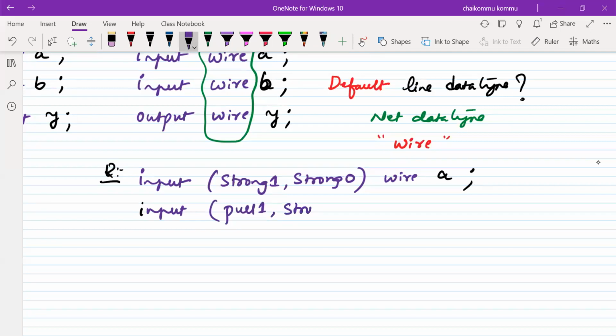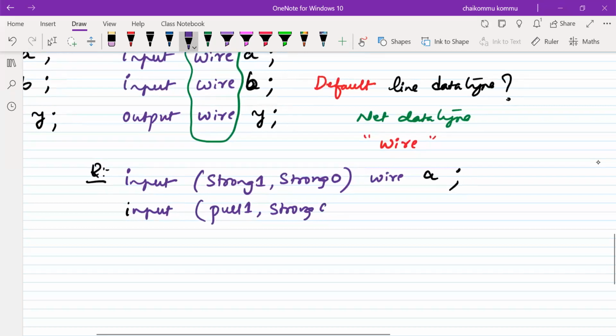This is strong 0. So while I am writing B, what do you mean by this?